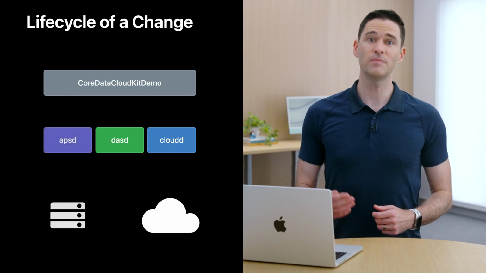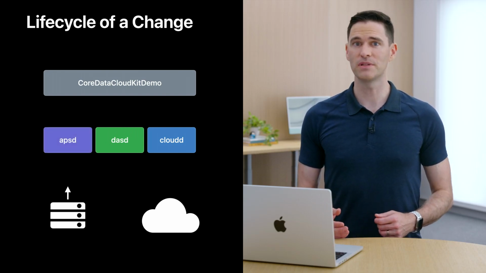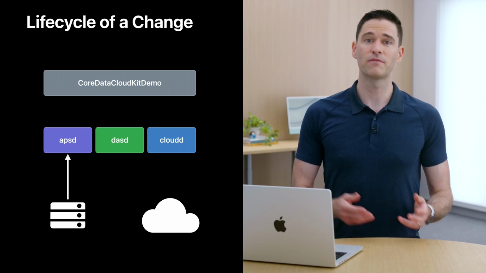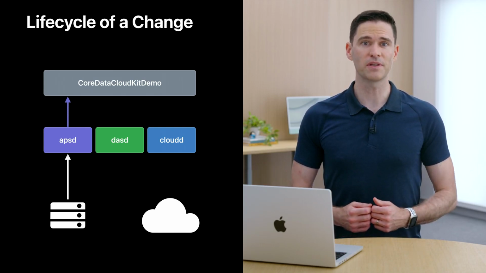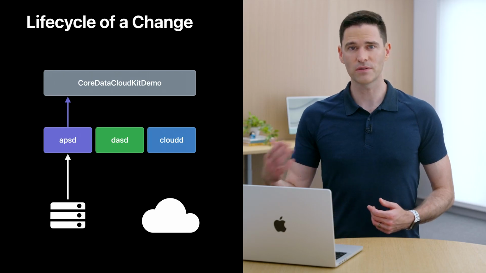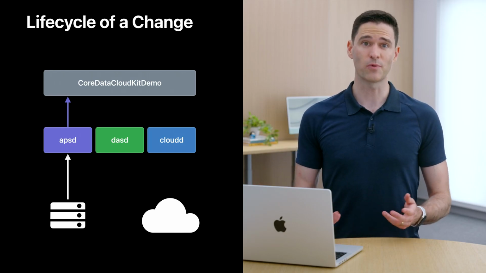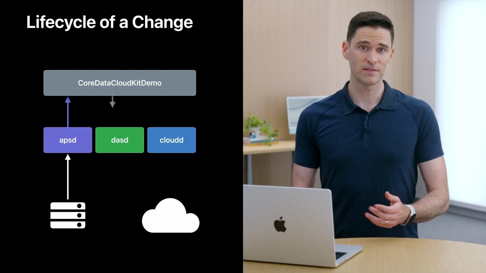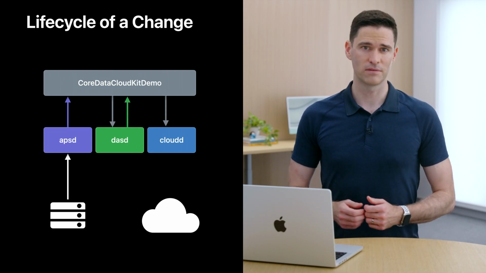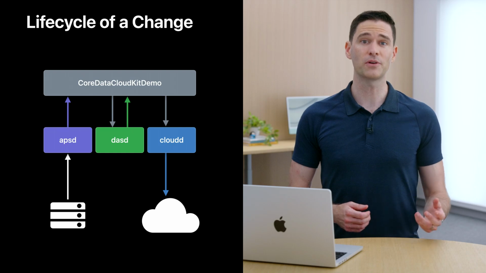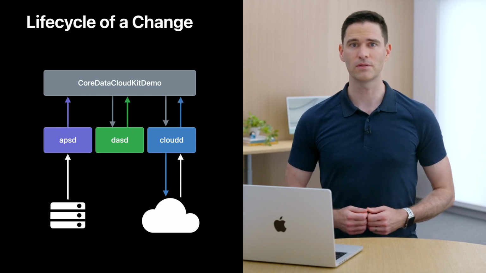The process APSD is responsible for receiving push notifications and forwarding them to the application. That causes NSPersistentCloudKitContainer to initiate a series of activities similar to the export process. It asks DASD for time to perform an import, and then works with CloudD to fetch all of the updated objects from CloudKit and import them into the local store.